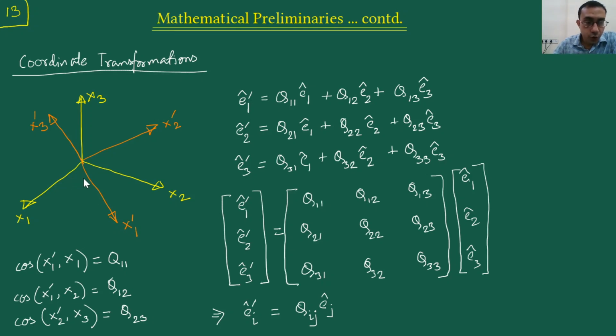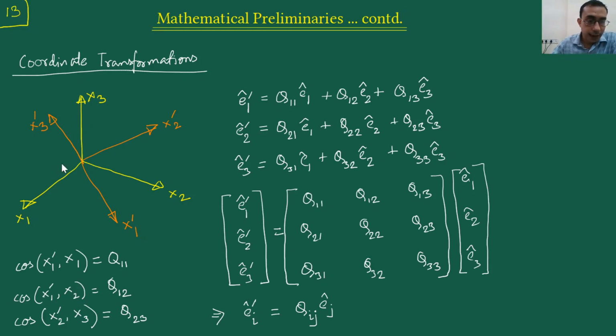That will be nothing but q11. Similarly, if I take the component of the E1 along the x2 dash, what will be that? So this time you have to be a little bit careful and note that going by our previous convention, the q12 is the cosine of the angle between x1 dash and x2. But here we are not talking about that angle.